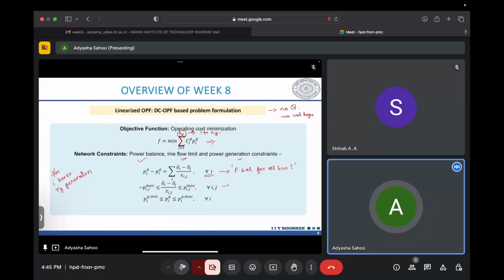Then you ensure that the power flow, Pij, is delta I minus delta j divided by the reactance of the line Xij. So Pij should be within its min-max limit. This is your line limit, and this is your power generation limit, for all I belonging to Ng.